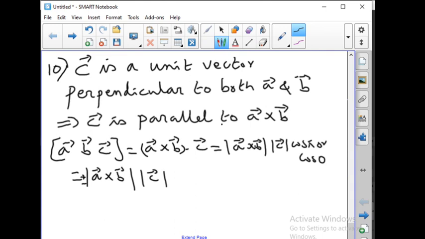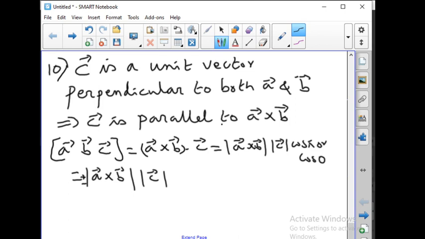Now again we consider the definition of cross product: modulus of A vector, modulus of B vector into sin theta.